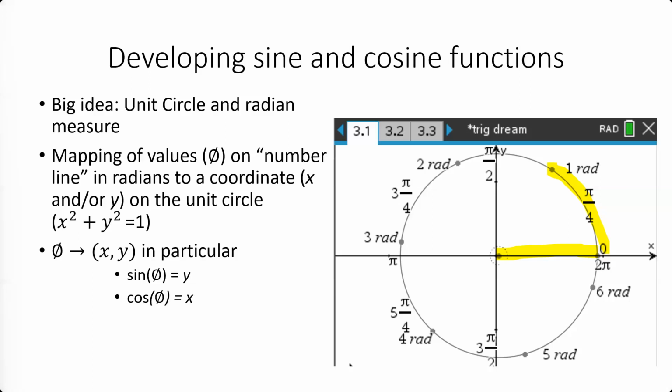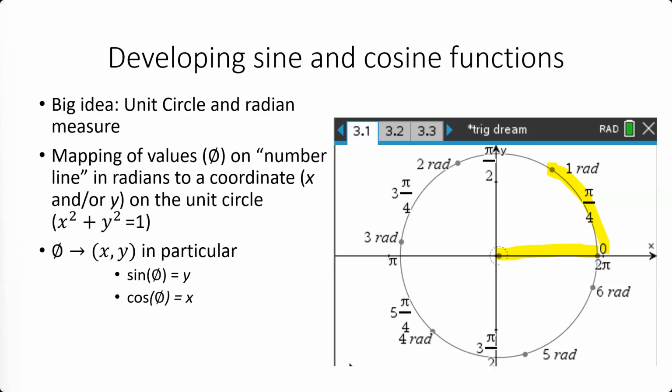We thumbtacked the zero end of our tape, wrapped it around the circle, and thumbtacked it at pi, at 3 pi over 2, and at all those places. The kids could see that one radius was the same as one radius of arc on our circle, so they could make that association between a radian and the arc length associated with an angle. That was a really big deal.